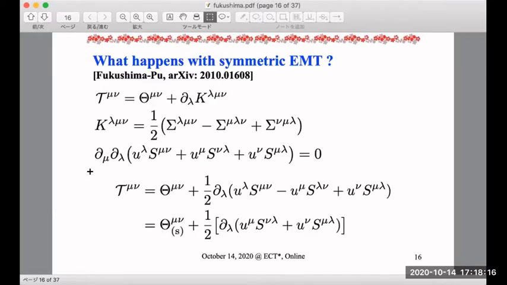You can perform the Belinfante procedure, but the number of dynamical equations cannot change under that redefinition. So this constraint guarantees that there is no additional equation of motion. So you have just 4 plus 6 equations of motion, and the dynamical variables are beta mu and S mu nu, so you have 10 degrees of freedom. So it matches. There's no problem.